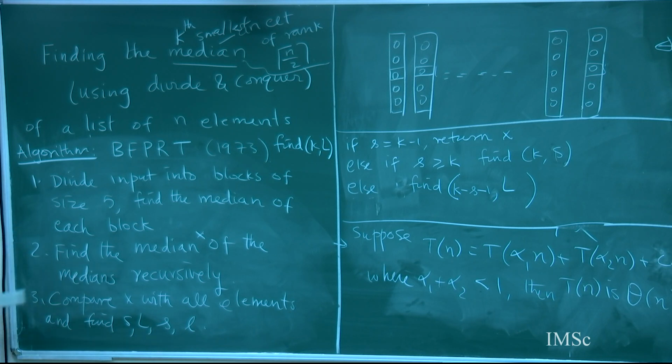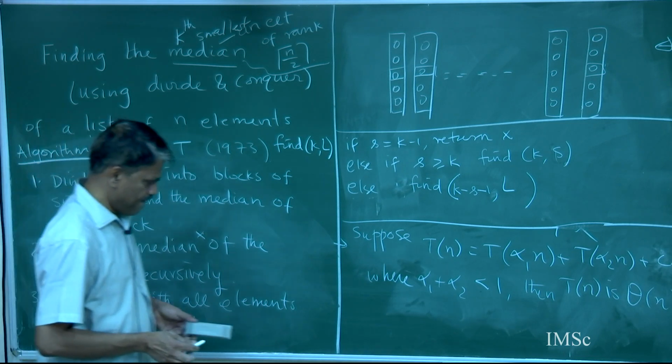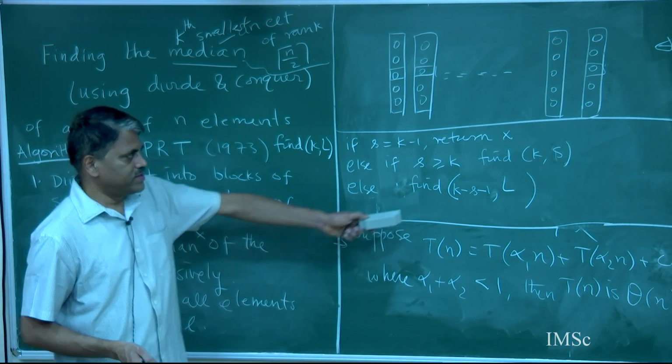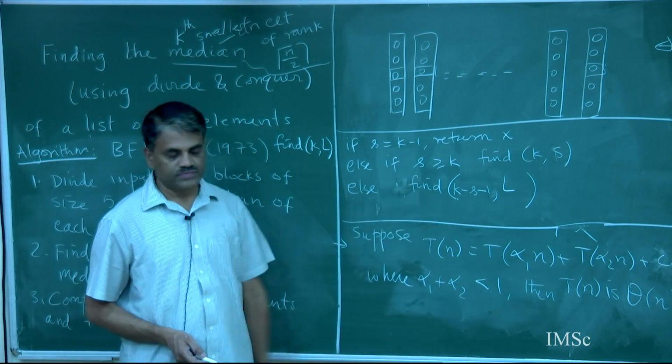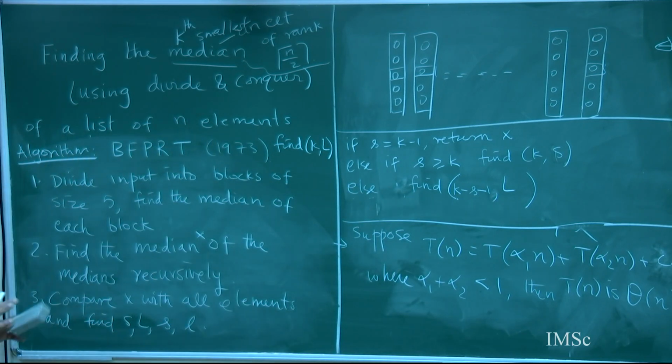So you just subtract: it's k minus s minus 1. That's it, right? This is the whole algorithm.